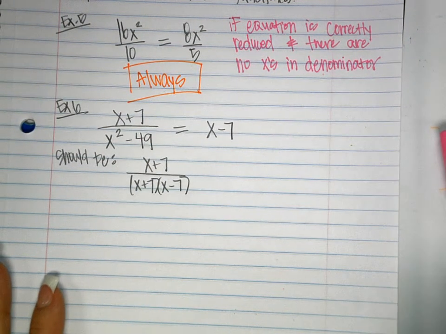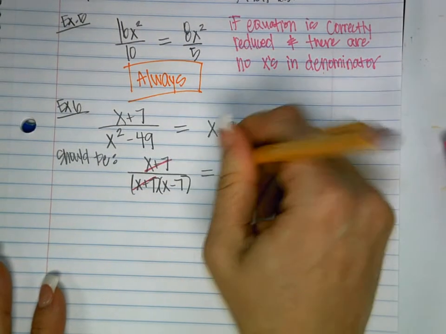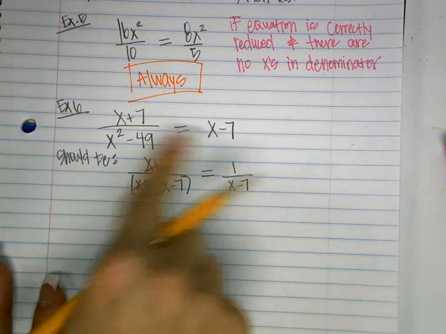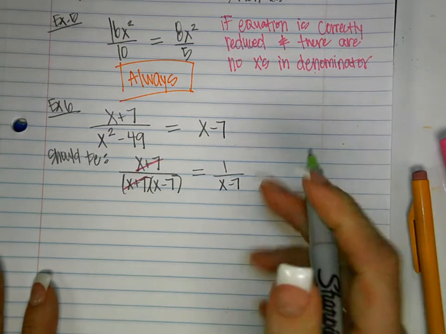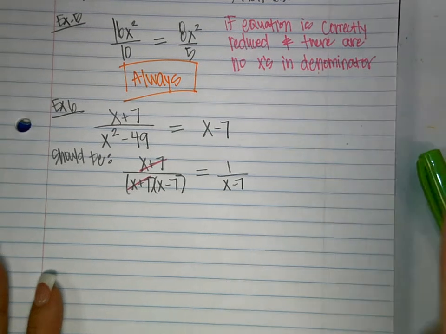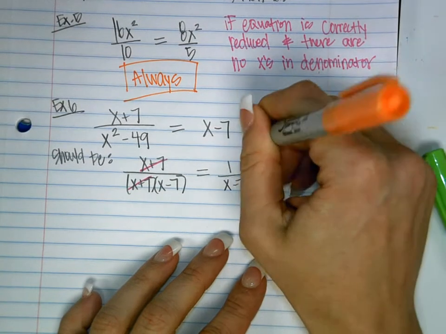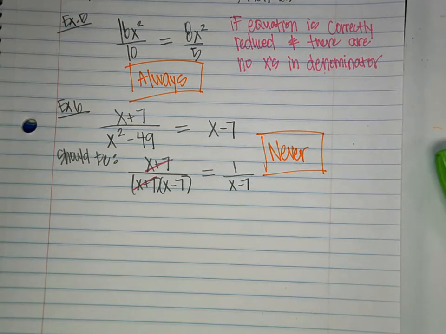So if you correctly reduced, what should it reduce to be? 1 over x minus 7. So when would this be true? Is it ever true? Never, because it's not reduced correctly. Okay, so this is never true, or you could say for no values of x. That is never true because it is not reduced correctly.